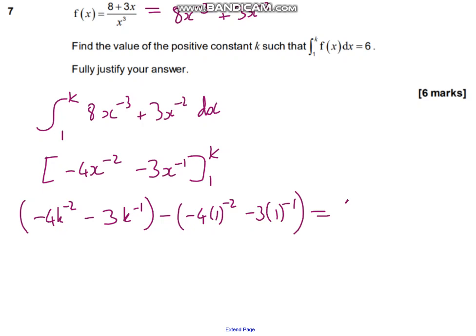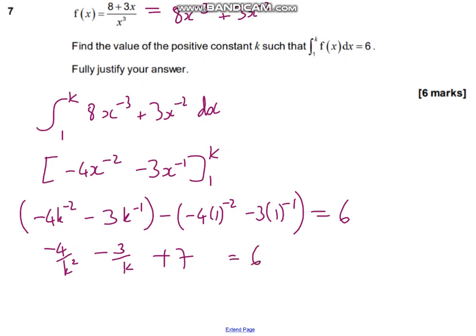That's going to be equal to 6 as we're told. So that means that we've now got minus 4 over k squared minus 3 over k minus, and that's going to be minus 4 minus 3, so that's going to be plus 7 is equal to 6.